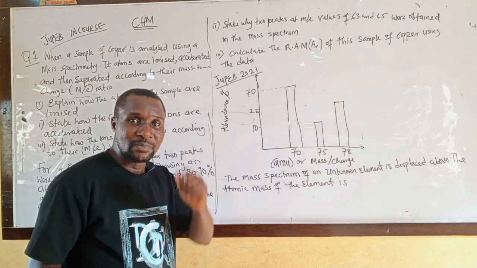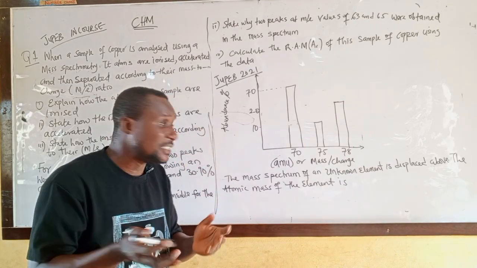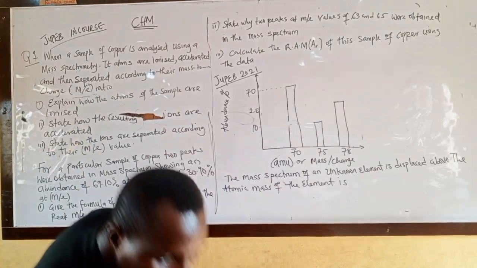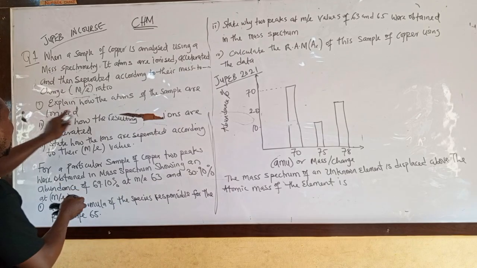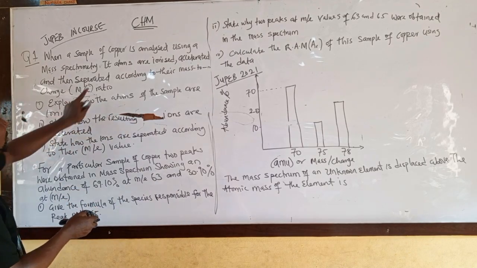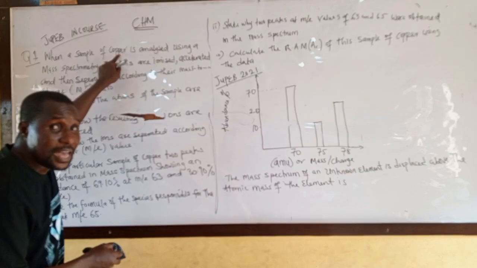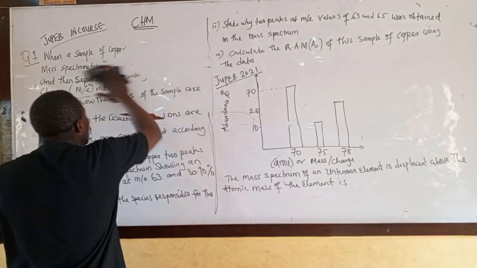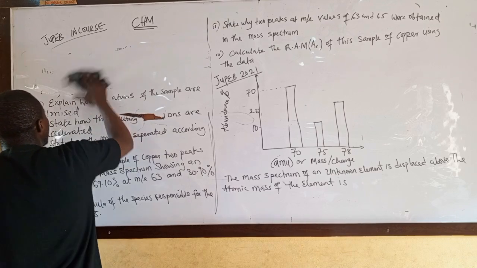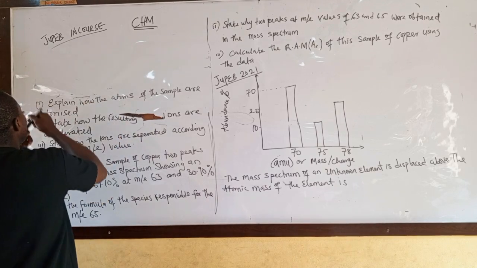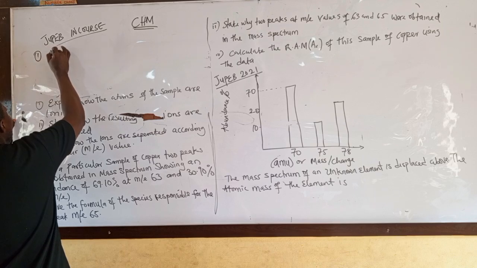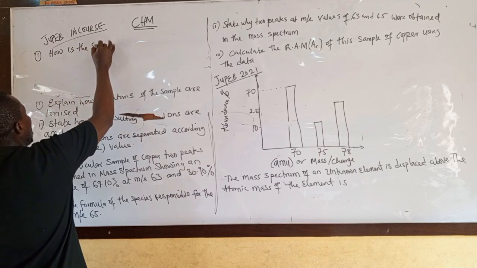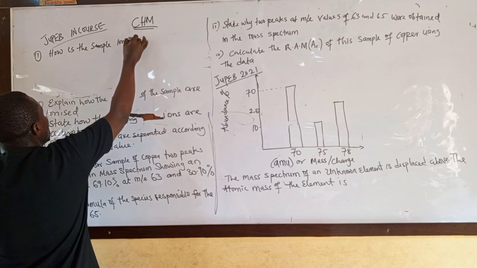For the Roman figure 1, please write the question: how is the sample, or the atoms, of copper ionized?